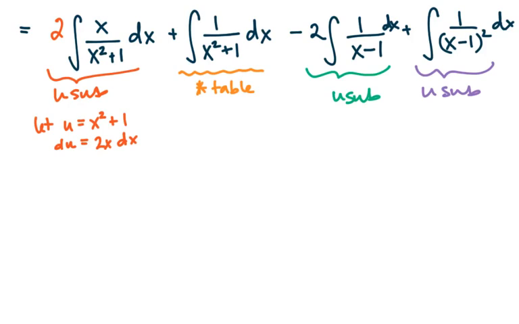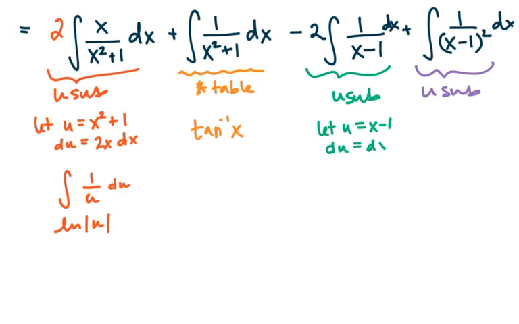So this integral is going to be the integral, and I really didn't need to pull that 2 out in front because there's my 2x. I've got 1 over u du. That would be my substitution, which of course is going to give me the natural log of the absolute value of u when I integrate, plus c. Second integral here is from our table. That's going to be tangent inverse of x. My third integral, I would say let u equal x minus 1, du equals dx.